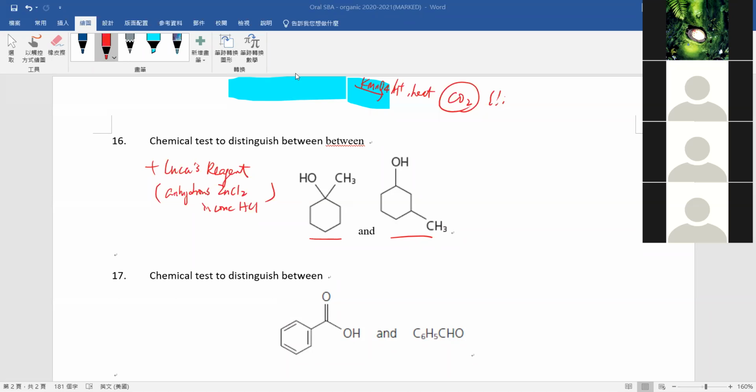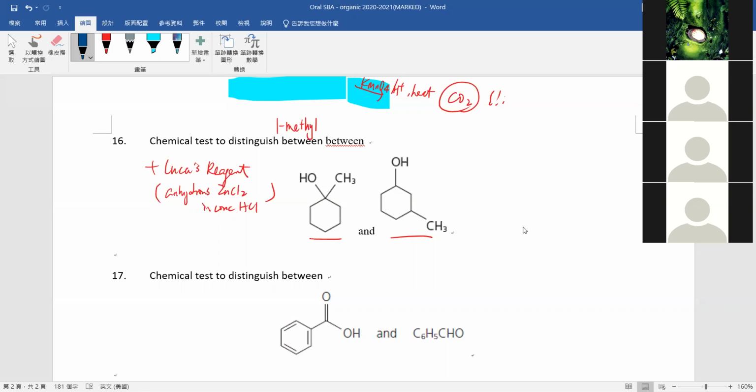A similar case for the second one. For those who know the second one, you may not need a comma. The answer is 1-methyl cyclohexane. Take a look at the word. There is a hyphen between 1 and methyl.